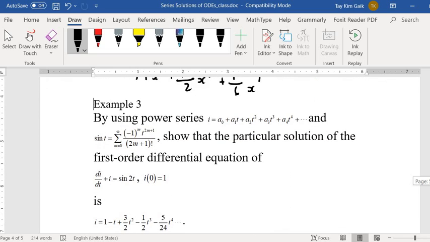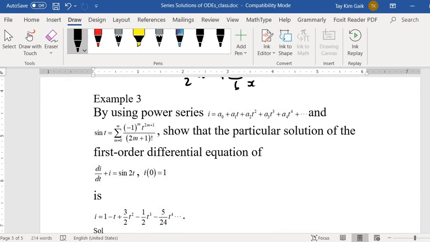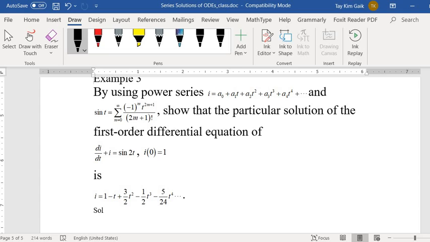Now we look at the last example, where our equation is di/dt plus i equal to sin 2t, and this is a particular solution, given at t equals 0, i is equal to 1. And i here is actually the current.